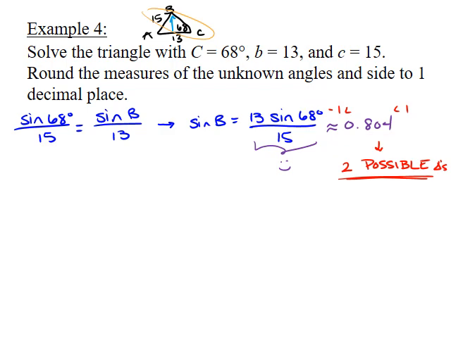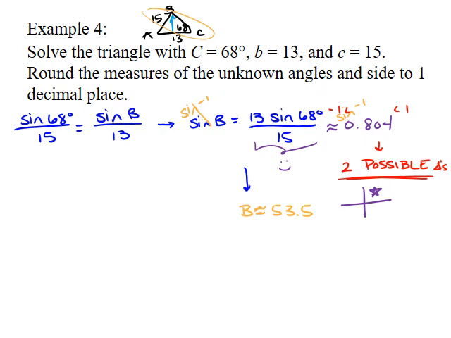Now, in order to proceed, you will take sine inverse of both sides, and this will give you angle B. When you do, you get approximately 53.5 degrees, because when you find sine inverse, it will always give you the acute angle.